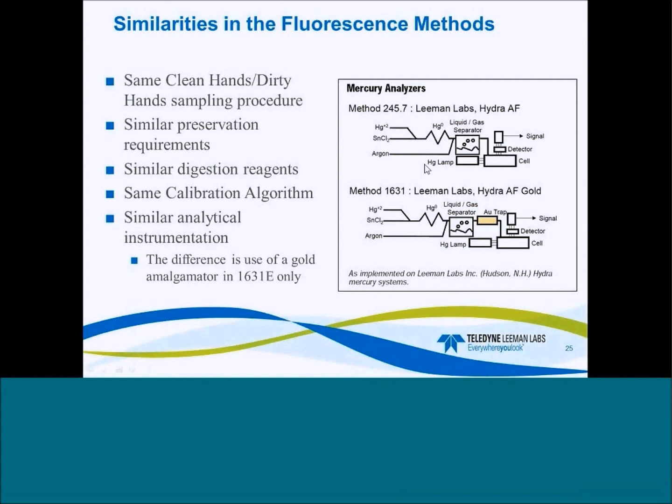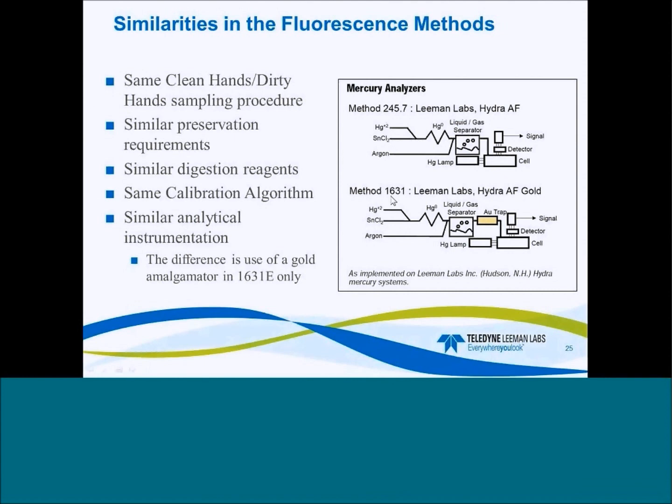The key difference in the instrumentation itself is that in 245.7, the mercury is generated and passed through the fluorescent cell on continuous flow. The detector is at right angles from the lamp, so it only measures the emission from the sample after it fluoresces.